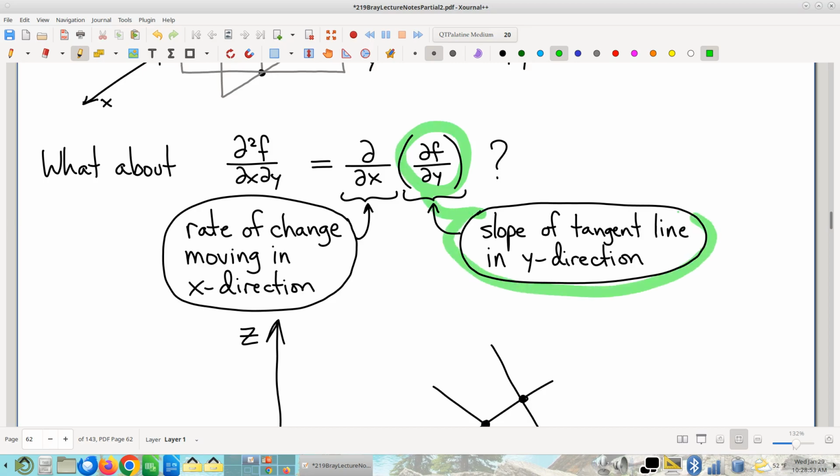We're going to understand the first partial that we take in terms of slopes of graphs. And then we're going to interpret the second partial, in this case the x partial. We're not going to interpret that in terms of graphs. We're going to interpret this in terms of a rate of change as you move in that direction.